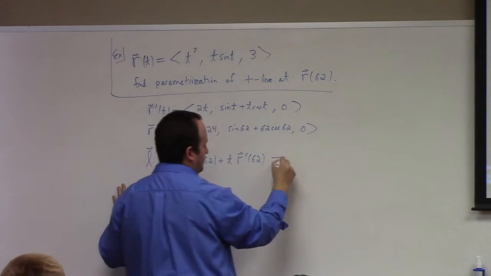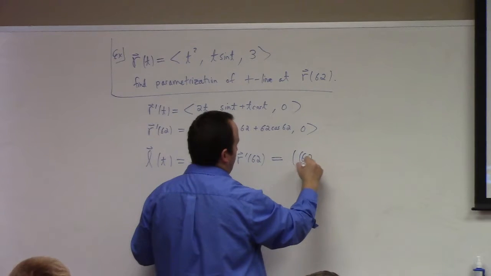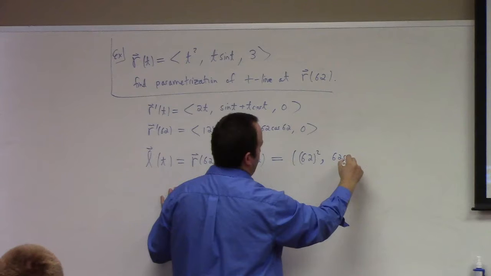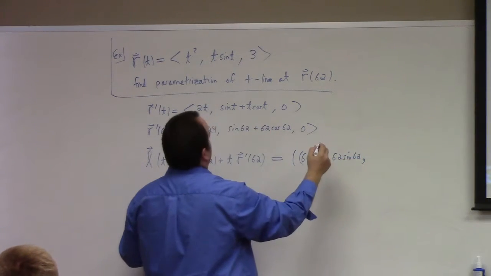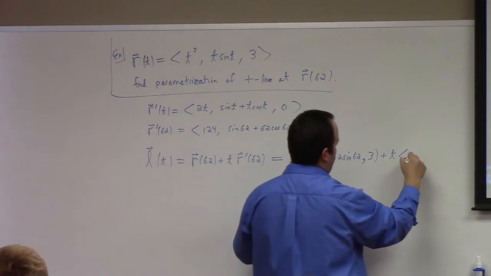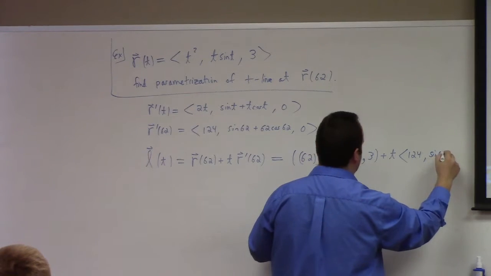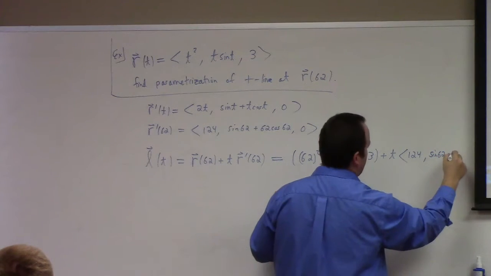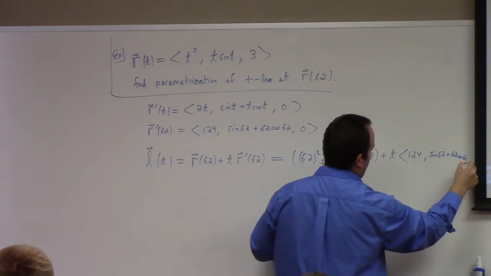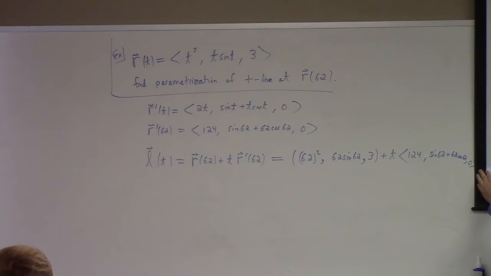I can do that. Again, I guess you could make it match up if you wanted to, but I don't care. 62 squared, comma, 62 times the sine of 62, 3, plus t times the 124 sine 62 plus 62 cosine 62, 0. I'm running out of room. It's okay, I think we can still see it.